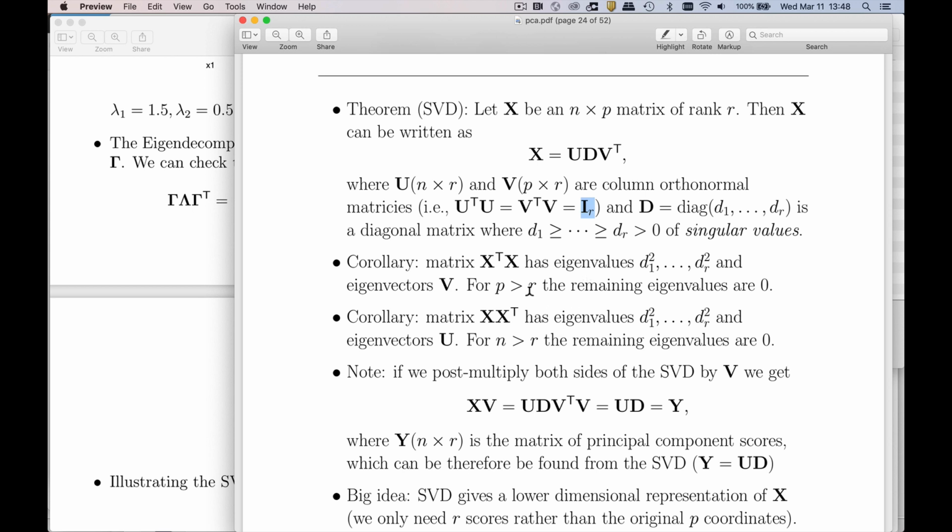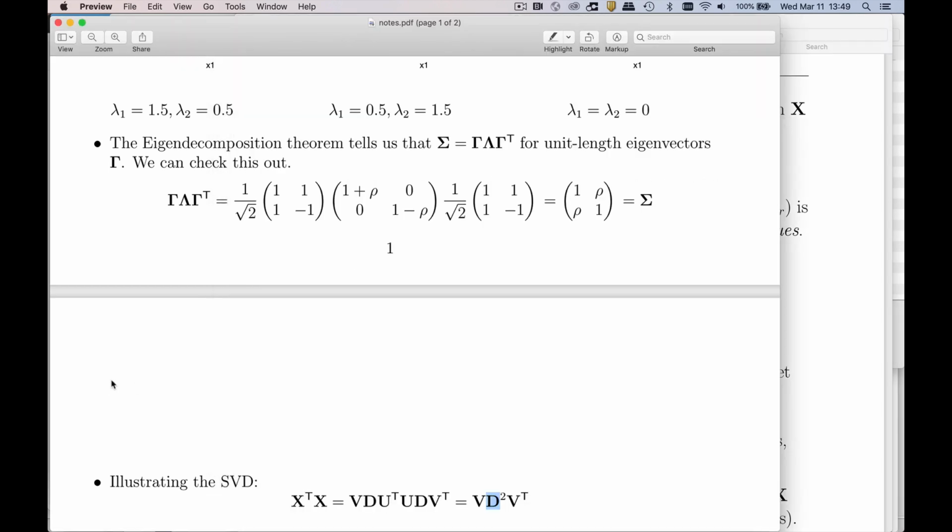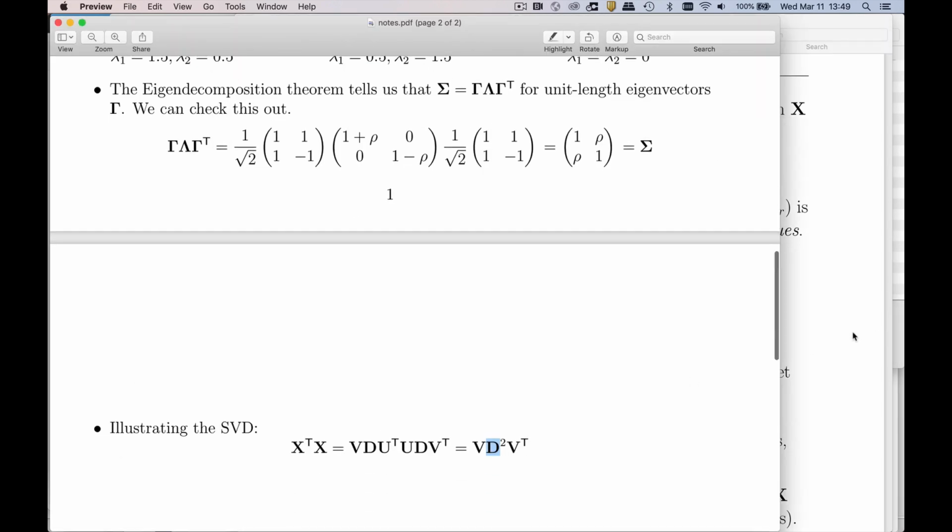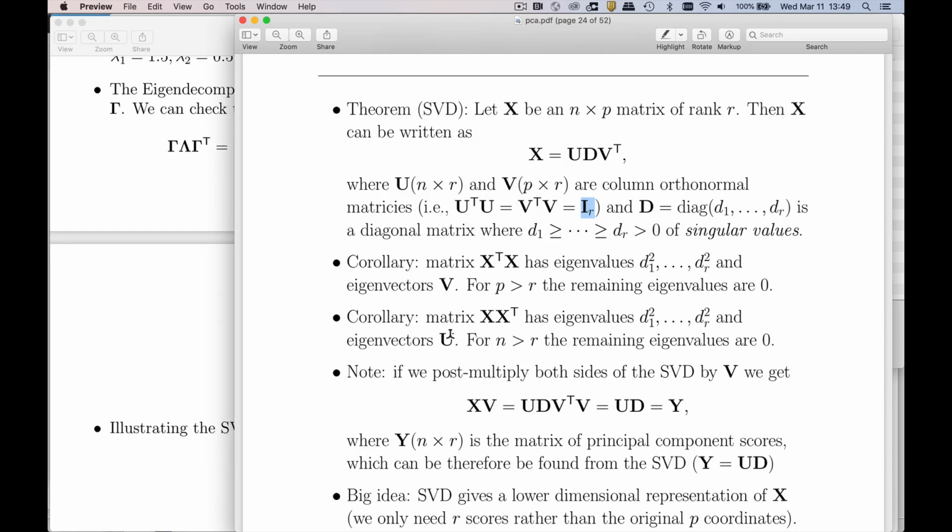There's another result. We don't really need it, but I'll just mention it. If you were to look at the matrix XX transpose, using a similar argument to the one I had here, it would have eigenvectors U and exactly the same eigenvalues. So X transpose X and XX transpose share the same set of eigenvalues, but have a different set of eigenvectors.